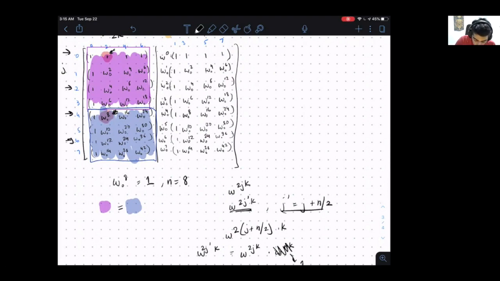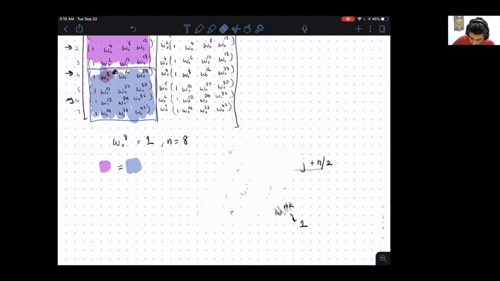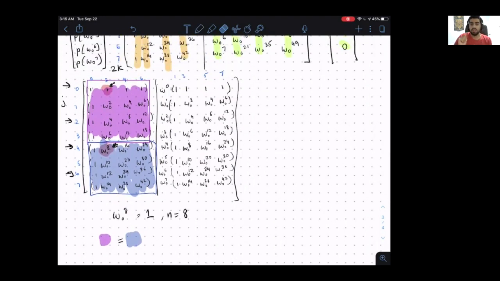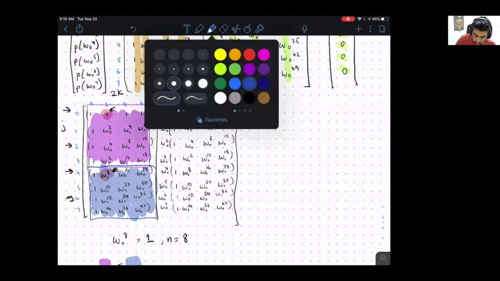Okay, so now that we've shown that specific equivalence, we can analyze the right half of the matrix too. We haven't forgotten about that one. What's cool about the way that we broke down the right half of the matrix is that it's this constant term times the same matrix that we had in the left side.